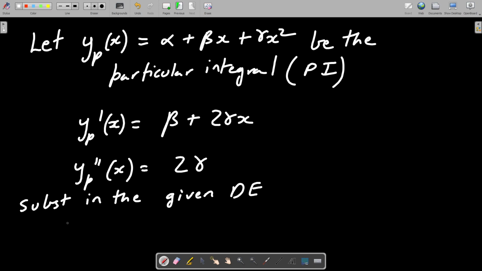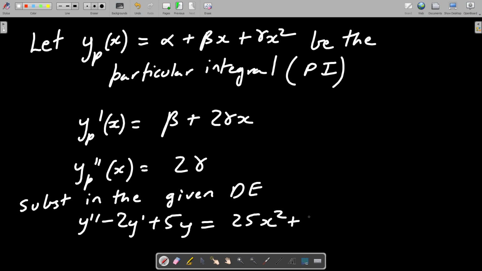So what is your given differential equation? y double prime minus 2y prime plus 5y equal to 25x square plus 12. Okay, substitute here.